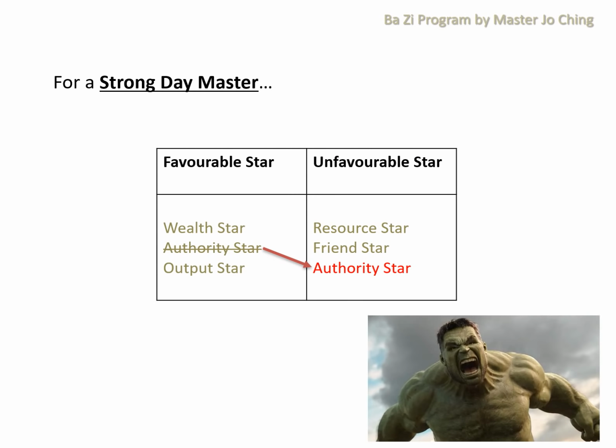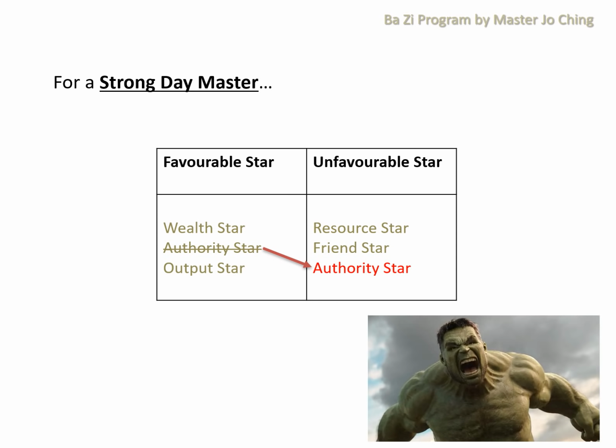So what am I trying to lead you to? For a strong day master, the market, the books, most masters will tell you that if you are strong, your favorable star will definitely be wealth, authority, and output star.